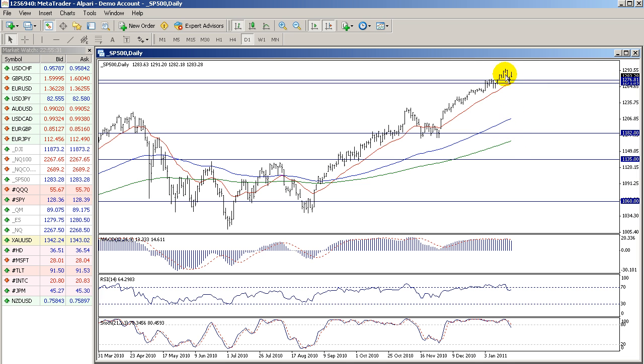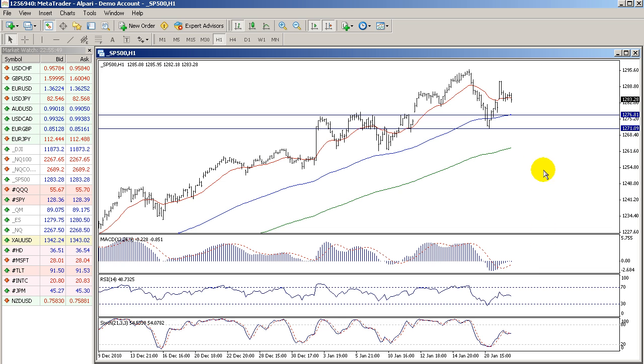So a quite sharp decline may follow here, but let's see what the market intends to do. It's still too early to speak about the downside targets, considering the fact that S&P 500 is still in an uptrend, not only on the daily chart but also in the hourly chart as well.